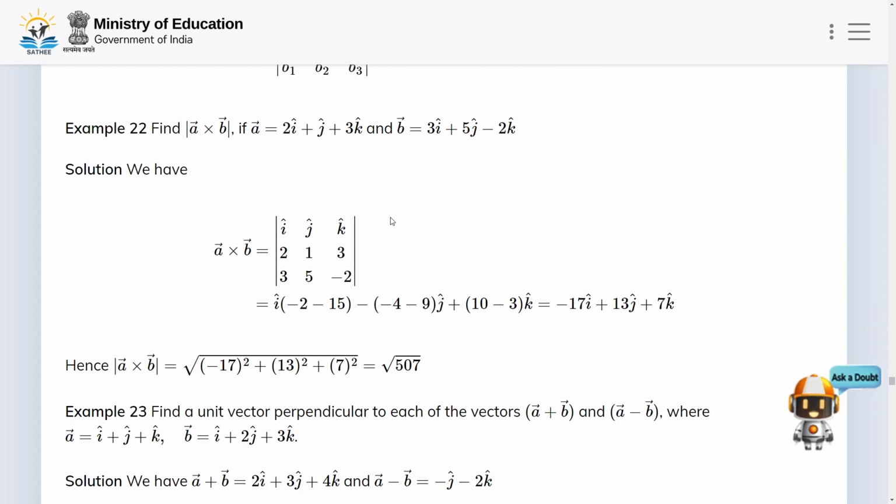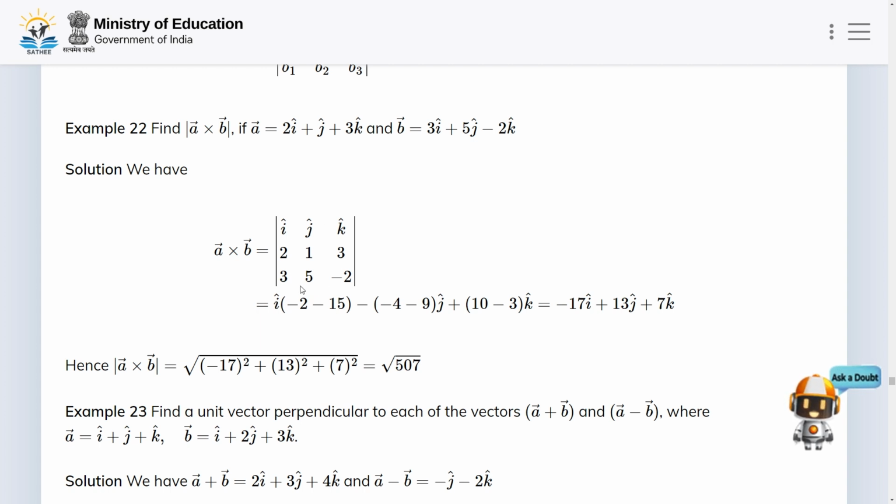Now let's see some examples. Find the magnitude of A cross B if vectors A and B are given. Very easy. The first row will be I hat, J hat, K hat. The second row will be the components of the A vector, which are 2, 1, 3, and the third row the components of the B vector, 3, 5, minus 2.